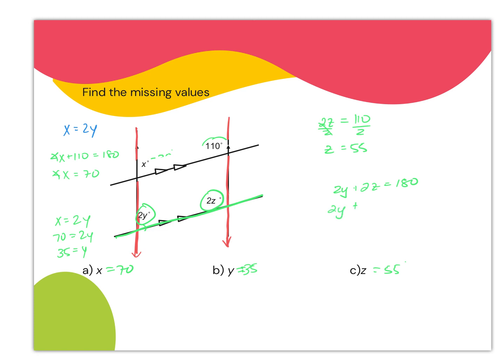Well, if I didn't know what y was, I did know what z was. 2 times 55 is 110. So I would get 2y plus 110 is 180. 2y equals 70. And y equals 35. So when we ask you to find these, you're going to find them in different ways. But again, in this particular problem, we had lots of options available to us. And sometimes you have to find one variable before you can find another.